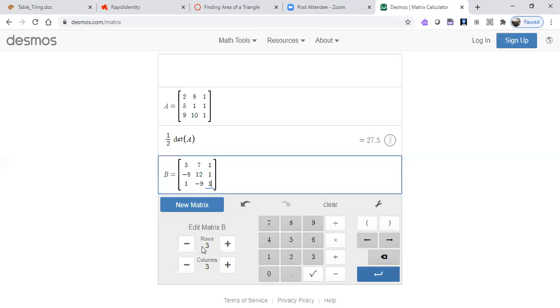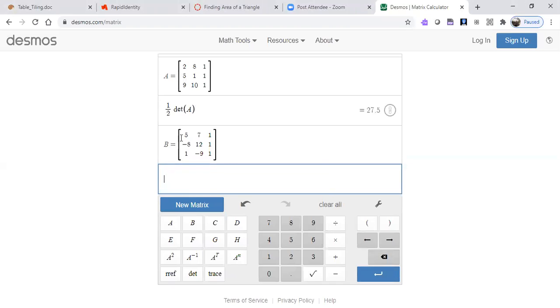All right, so once you put in the matrix, make sure you're paying attention to the name of it. 1/2, don't forget the half of the determinant of that matrix. So 114 is the whole area.